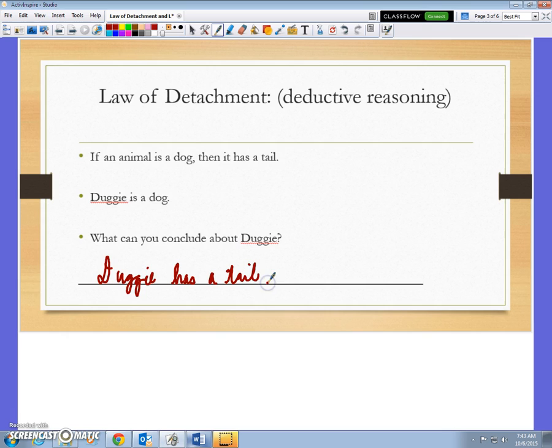This is the law of detachment, it's deductive reasoning. If it is a true conditional, and we have something that meets the criteria of the hypothesis, then we know that if Dougie is a dog, Dougie also has a tail. The law of detachment is real simple.